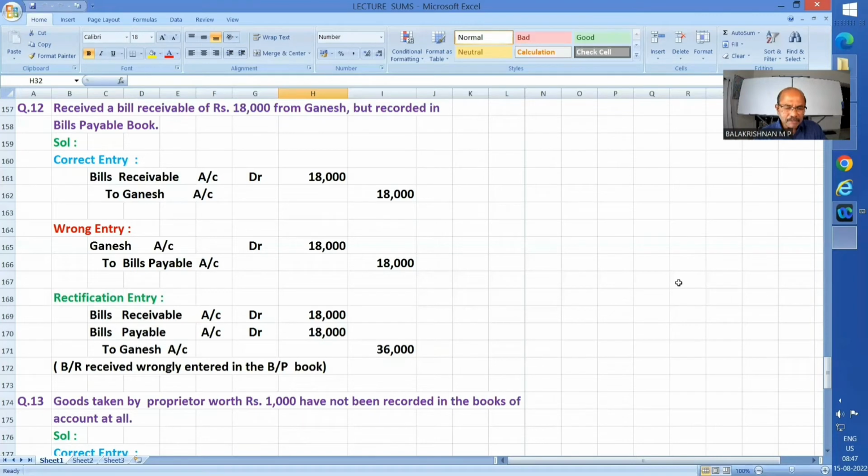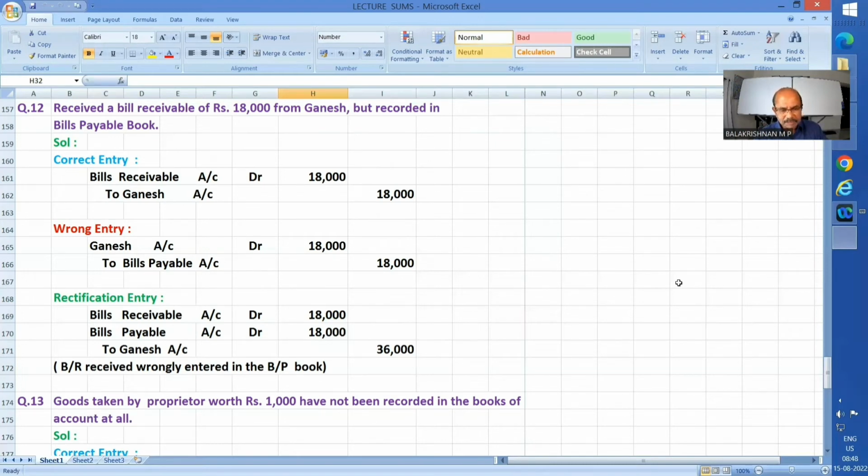Similarly, when I give a bill to somebody, debit somebody and credit bills payable account, the entry would have been Ganesh account debtor to bills payable account. So you have unnecessarily treated the bills receivable as bills payable. Instead of showing it in the bills receivable book, you have shown it in the bills payable book. So the entry you have wrongly shown is Ganesh account debtor to bills payable account instead of bills receivable account debtor to Ganesh account. So how to rectify it?